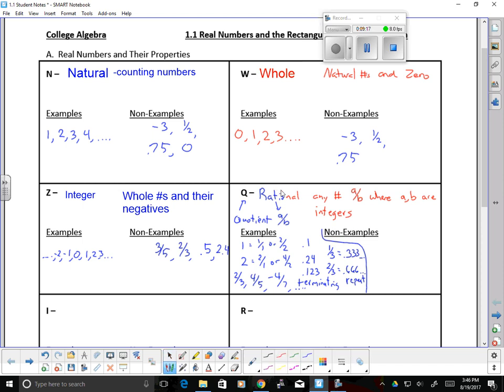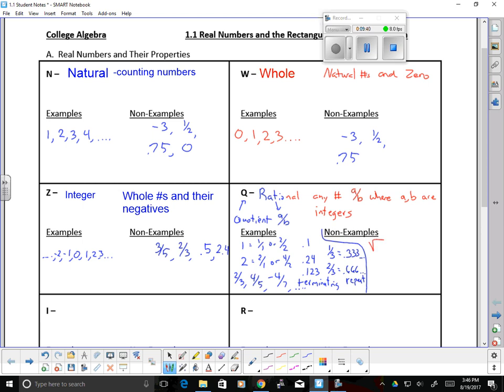So non-examples are much harder for us to think of in the natural realm. We don't deal a lot with irrational numbers unless we're doing some sort of distance or constructions where I want to use a diagonal. You may remember that when you do the Pythagorean theorem, you have to take the square root of numbers.